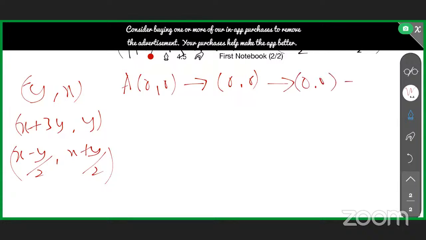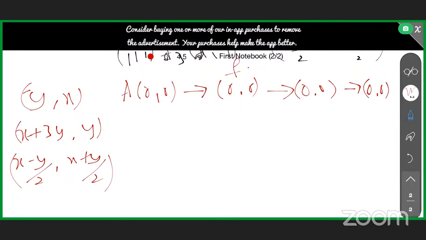Then this will again transform into (x minus y, x plus y). 0 minus 0 will become again (0, 0). Are you understanding the first transformation? This is the F1 transformation, this is F2, this is F3. After three transformations, A is becoming (0, 0).